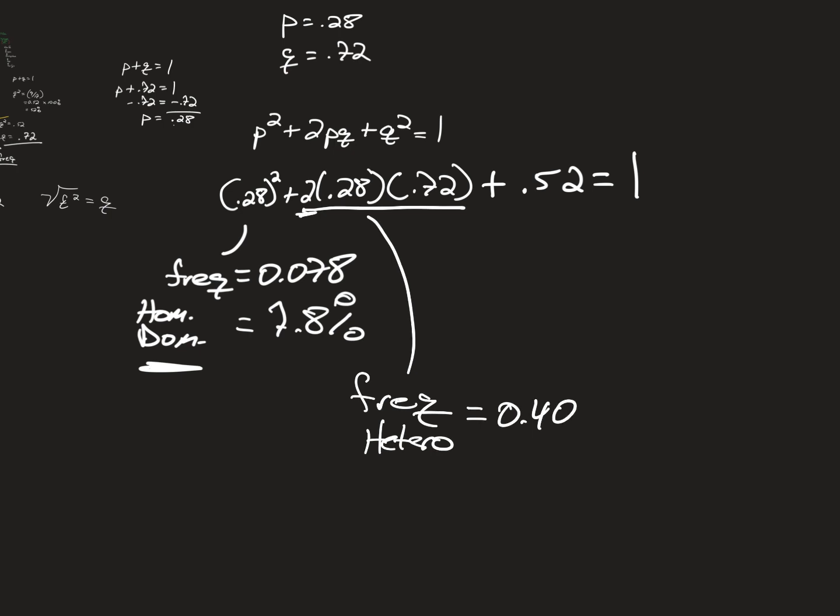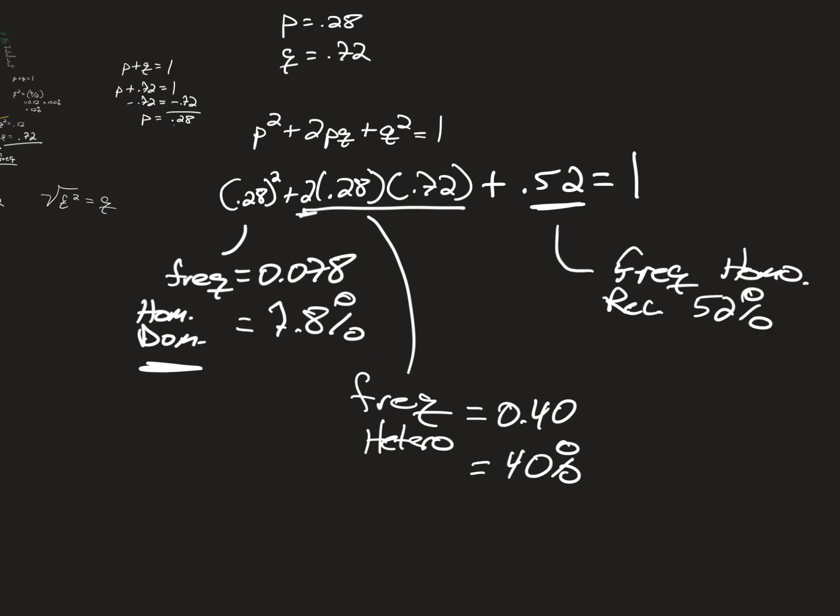0.40. Let's just leave it at that. So that's going to be equal to about 40%. And then, of course, here we know, because this was given, that the frequency of the homozygous recessive, in this case the blue flowers, is 52%.